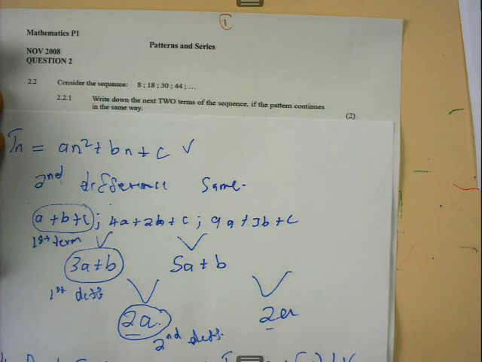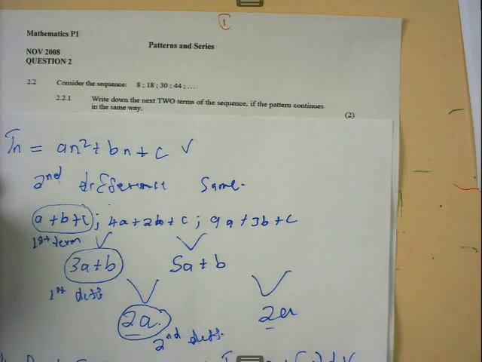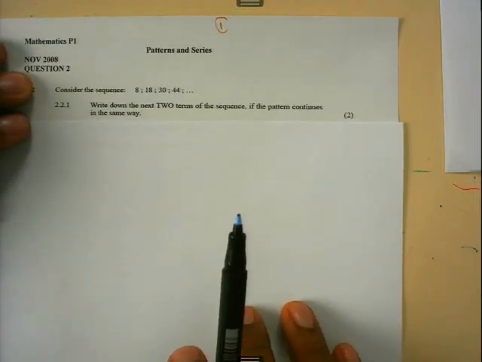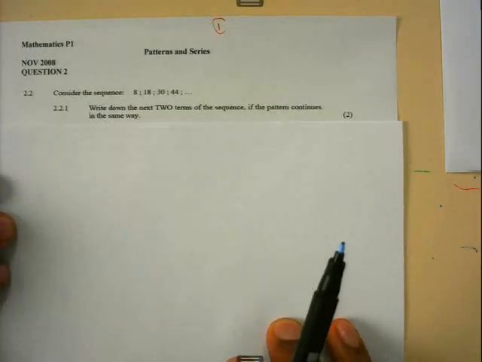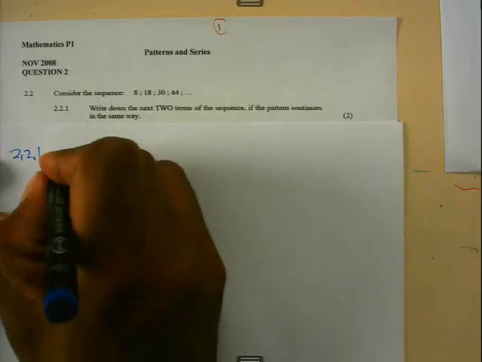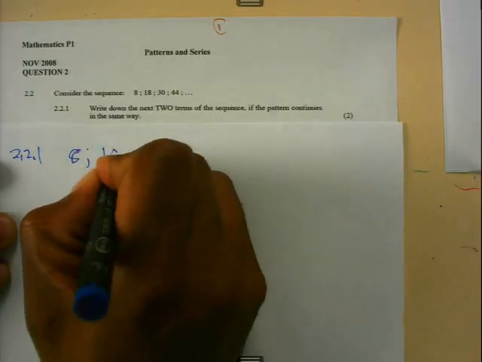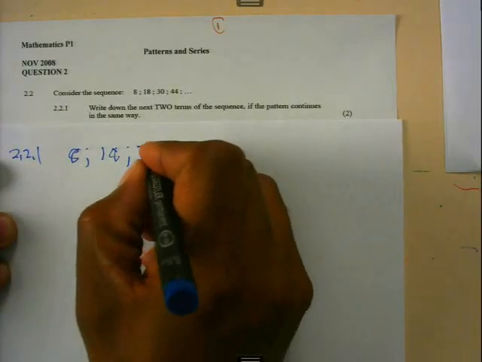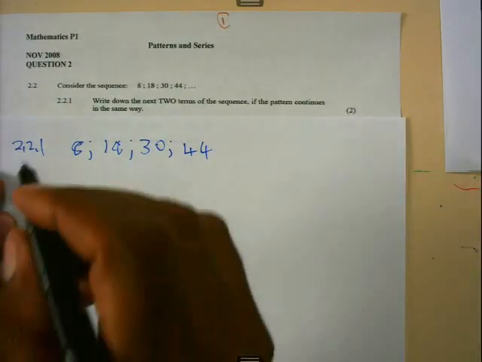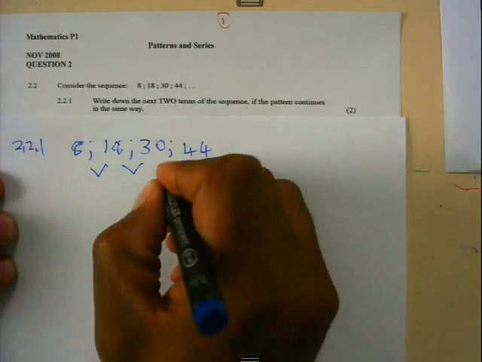Right, boys and girls, you agree with me that it will be easy for you to solve this question. Remember I said that is the first thing we need: we must be able to identify what type of sequence this is. Is it quadratic, arithmetic, or geometric? You are given 8, 18, 30, as well as 44.